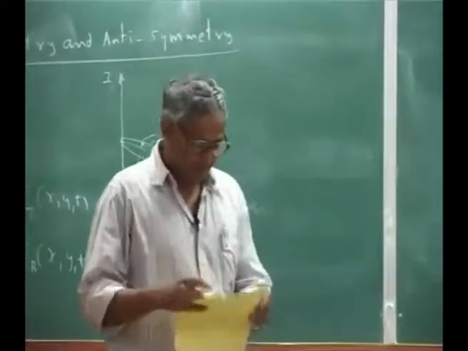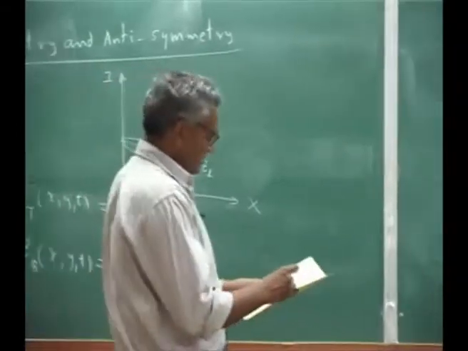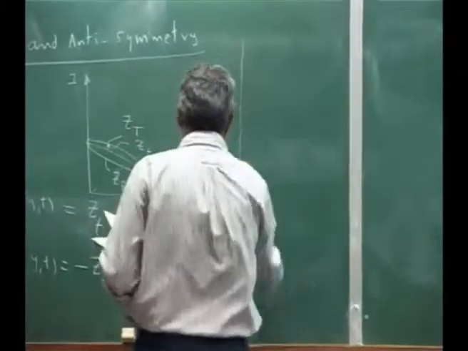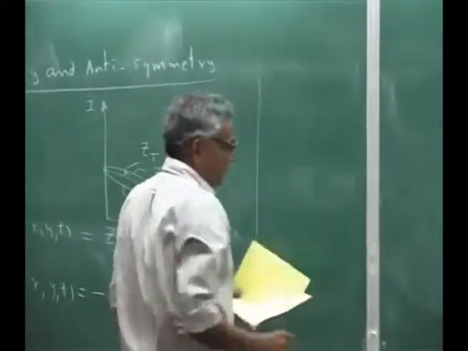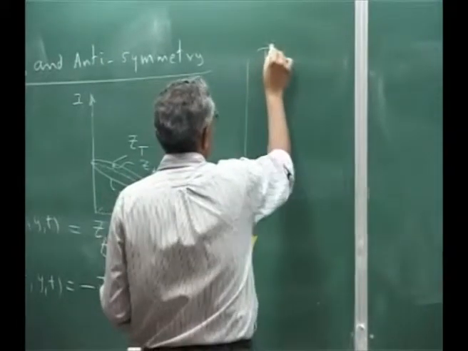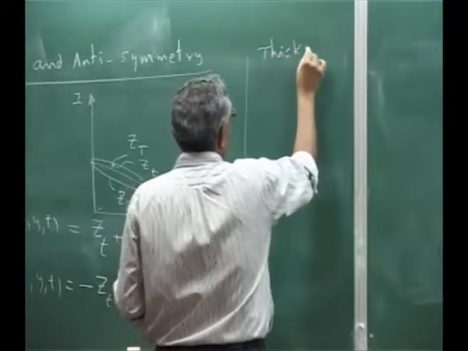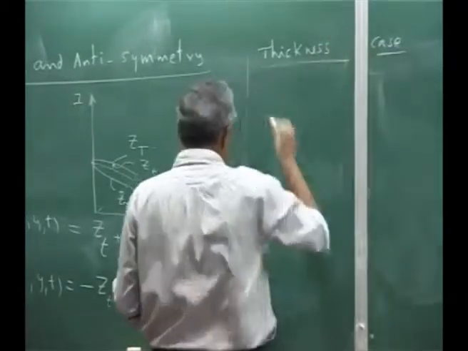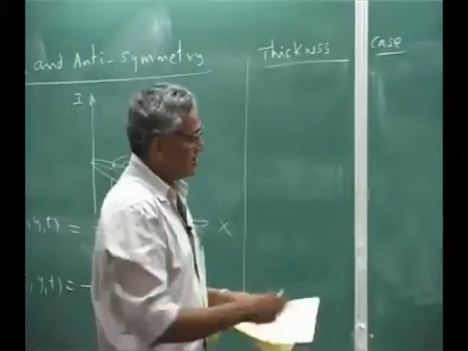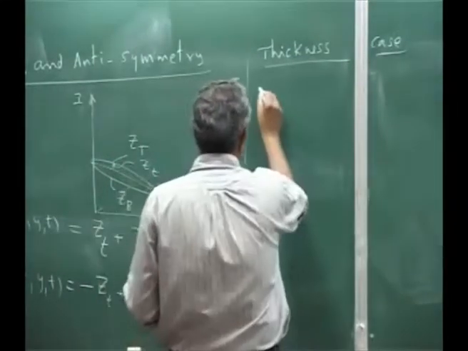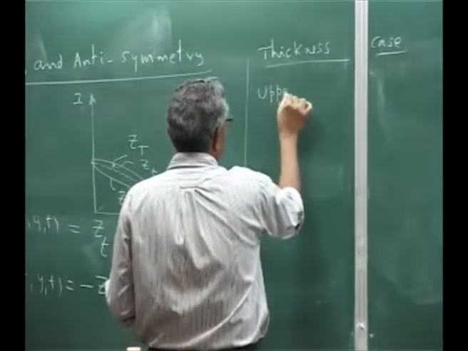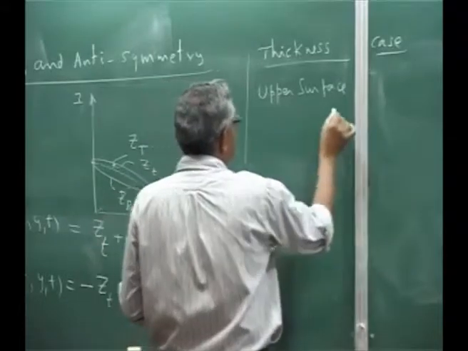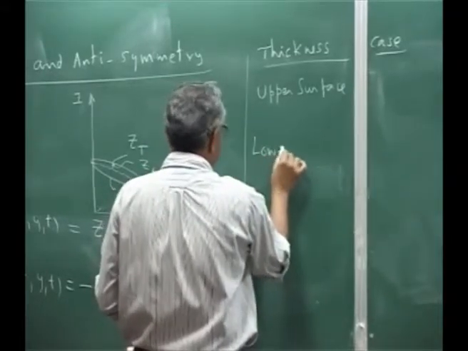Okay. Now, if I look at the boundary condition, what is it? Delta phi by delta z. If I write the thickness case, what is the boundary condition? Boundary condition will be upper surface and then lower surface. We will have two conditions.